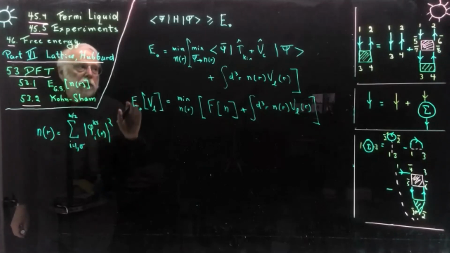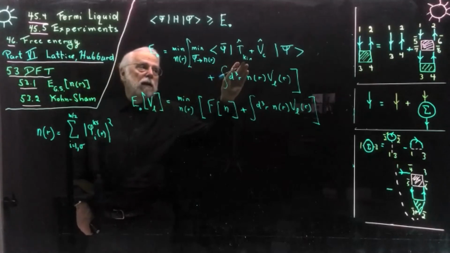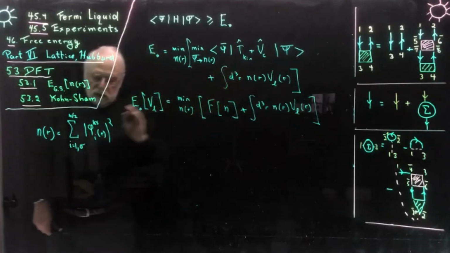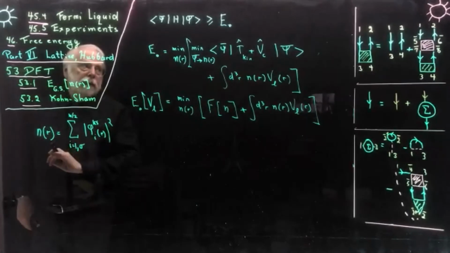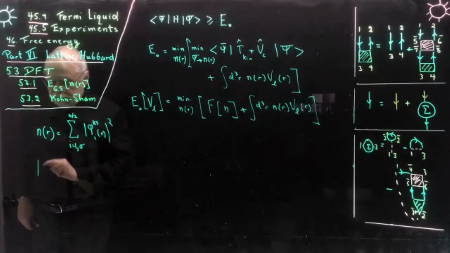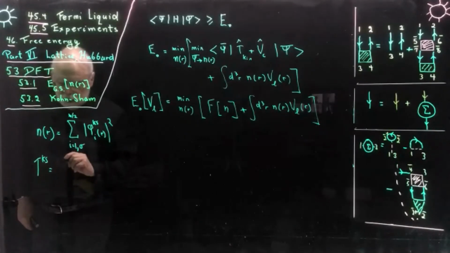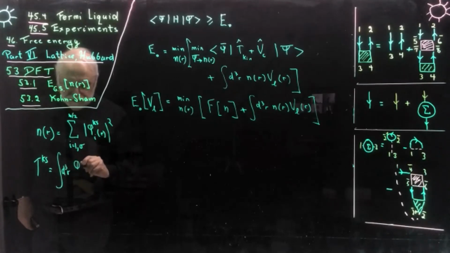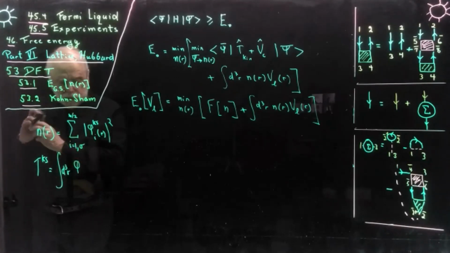But the usefulness of this is that now the kinetic energy is easy to compute in that basis. Okay, the kinetic energy, T Kohn-Sham, will be equal to the integral d cube r of the sum over i.